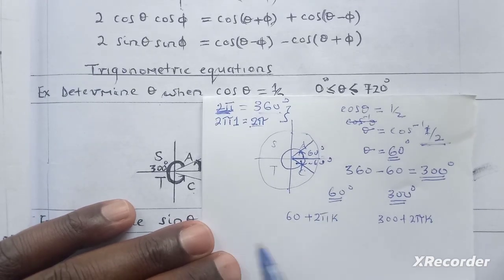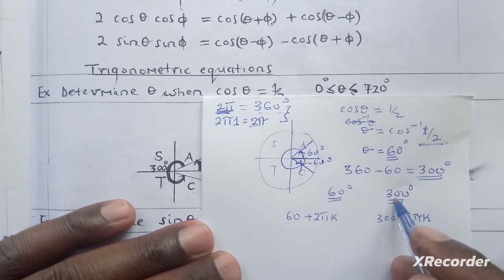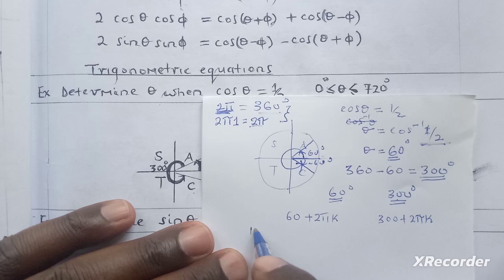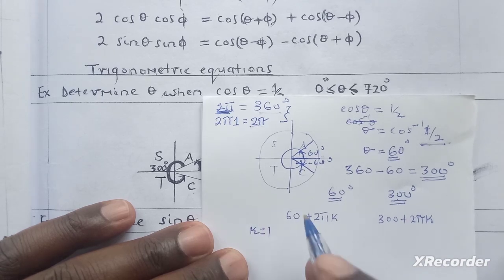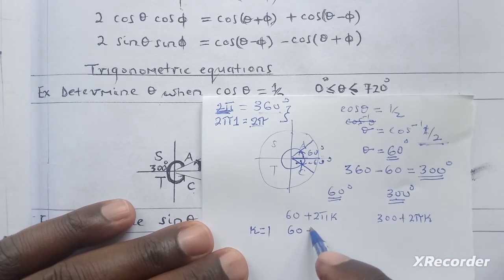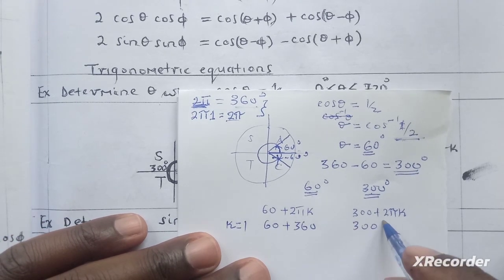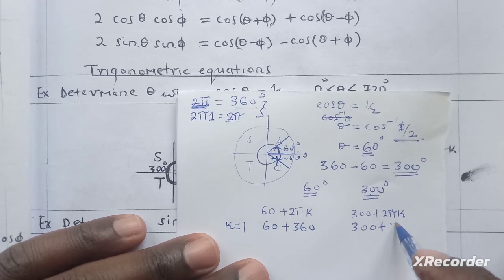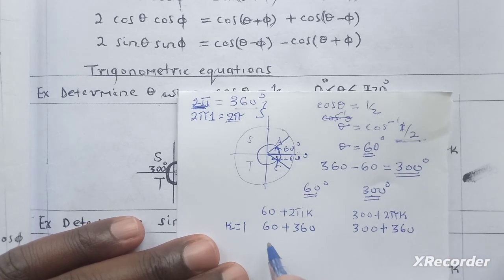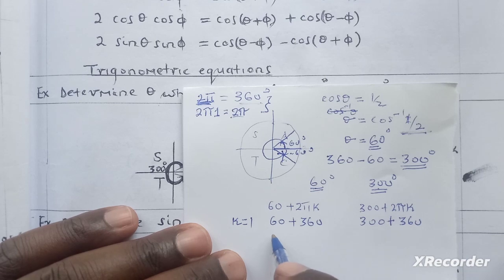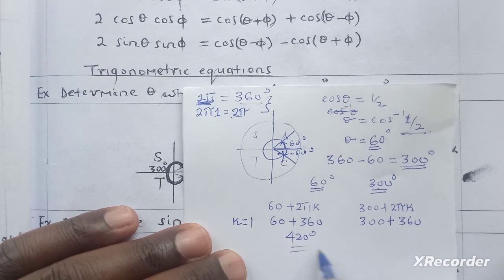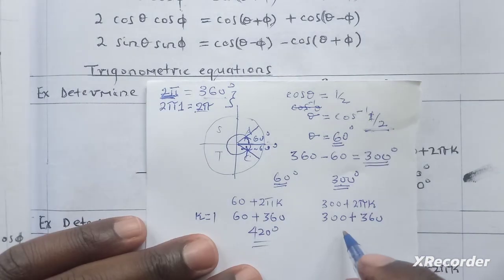So for the first rotation, we have 60 and 300. The second rotation will be k equals 1. This will be 60 plus 2 pi, which is 360. And this one will be 300 plus 2 pi, which is also 360. So here this one will be 420 degrees, and this one will be 660 degrees.